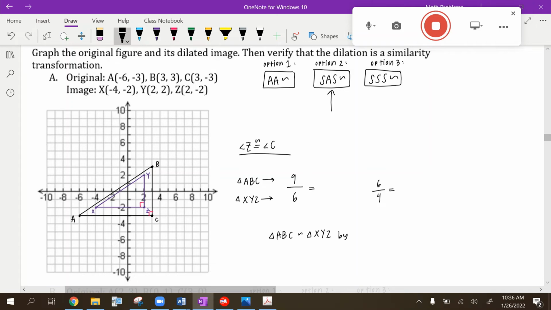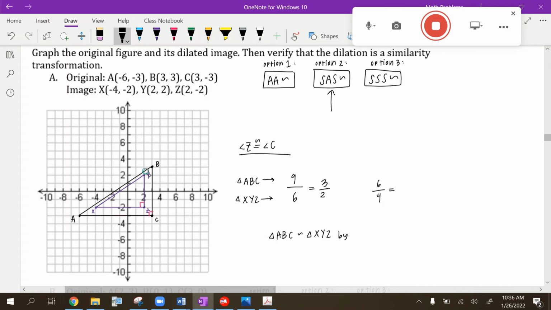So I'm going to decide to put triangle ABC in the numerator, XYZ in the denominator, and I'll start with sides AC and XZ. AC has a length of 9, it's easy to find since it's a horizontal line. XZ has a length of 6. If I reduce, I get 3 over 2. Now, I'm also going to use the vertical lines since those will be easiest to find the lengths of.